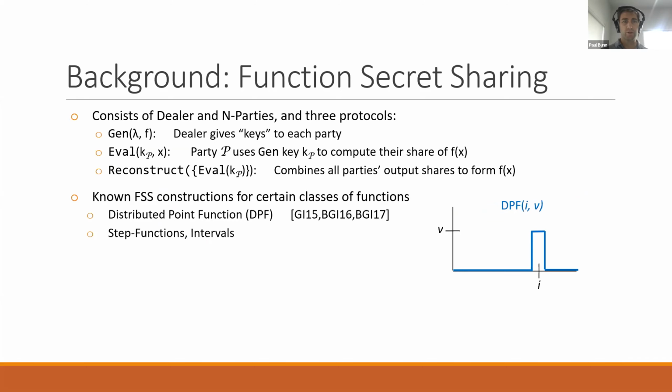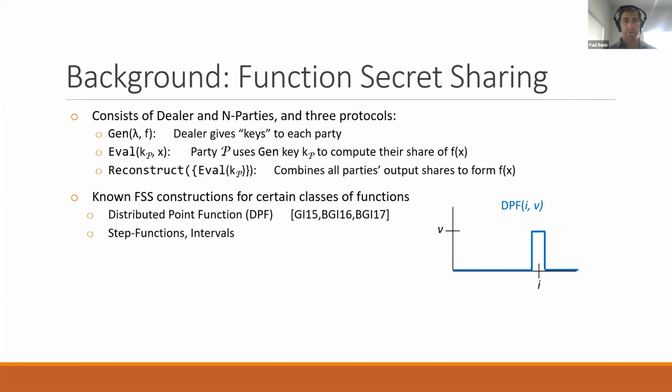And then there's a Reconstruct protocol, which takes some subset of the party shares, typically all of them, of the outputs, and combines them in some way to get the actual f of x. Usually in practice this is just an XOR recombination of the shares, but that's not necessarily the case.